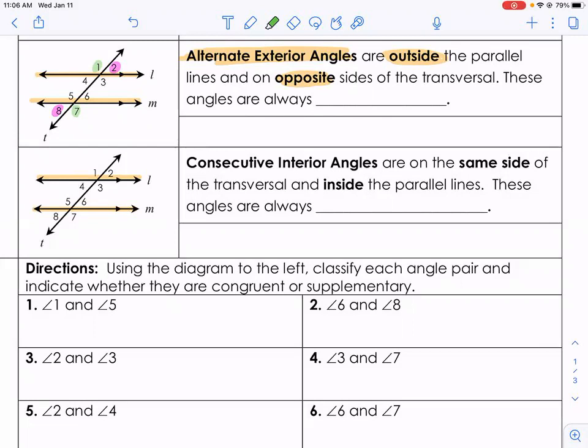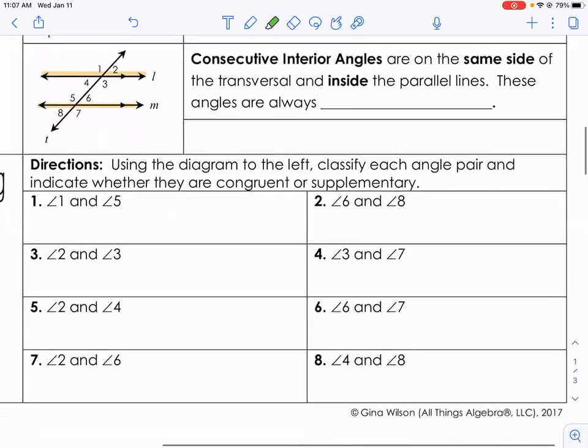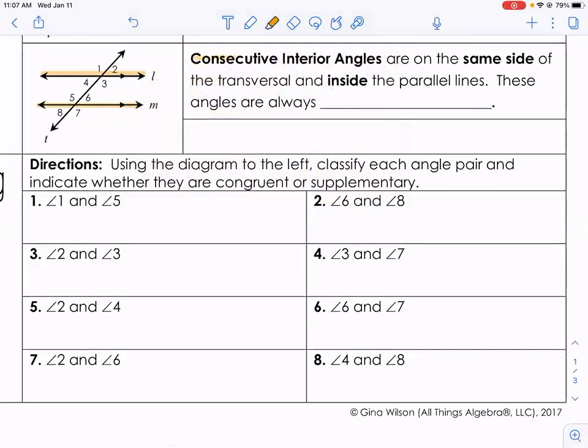Last one. Okay, original highlighter, consecutive interior. Consecutive. Somebody use consecutive in a sentence. A few years ago, Alabama won consecutive national championships.